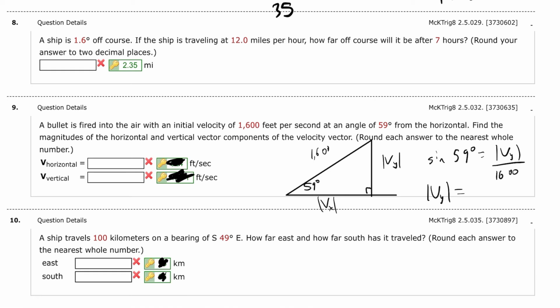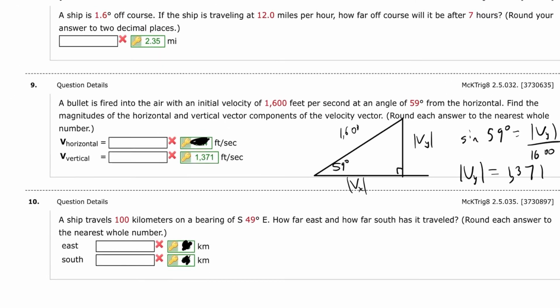That would be 1,600 times sine of 59, which is 1371. Round to the nearest whole number, so that would stay where it's at. And so that would be the vertical. Let's see if that is actually the correct answer, which it is. And for the horizontal, you would do the same exact thing, except you would use cosine instead of sine. So I'm going to move on to the next problem.